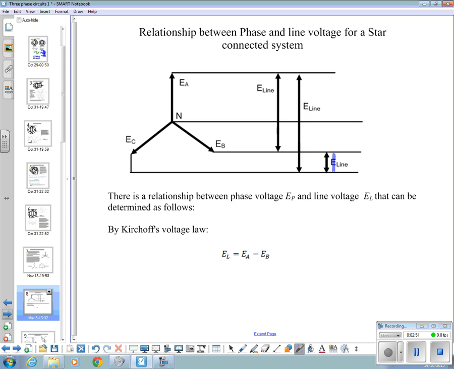What we can also say is that we've got a relationship between line voltage and phase voltage. By Kirchhoff's voltage law, this line voltage here, I'm going to do away with the magic pen for a minute.